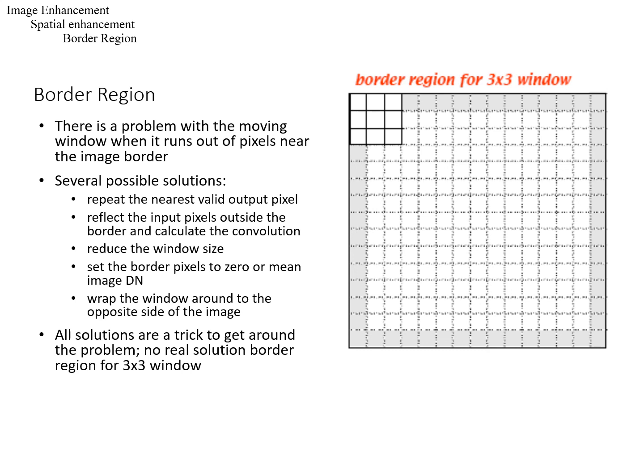Okay? Never understood it, but it's out there, so I thought I'd mention it. All solutions are just a trick to get around this problem. There's no real good solution to the problem of a border region for a 3x3 or larger window. You're just kind of stuck with choosing a bad solution.